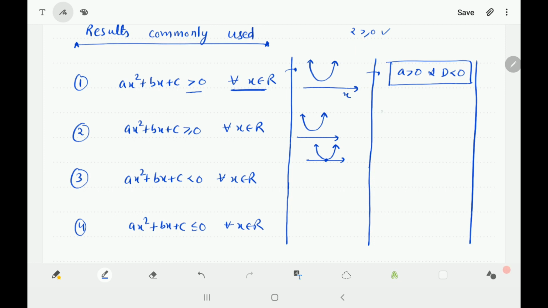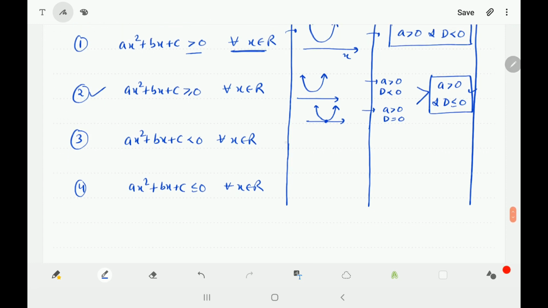So the first case is a is greater than 0 and d is less than 0, and the second case is a is greater than 0 and d is equal to 0. Combining these two, we get the condition that a is greater than 0 and d is less than or equal to 0. For these kinds of expressions, we will directly use this condition.